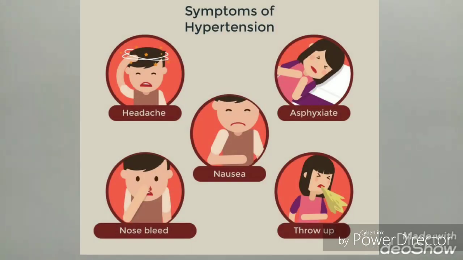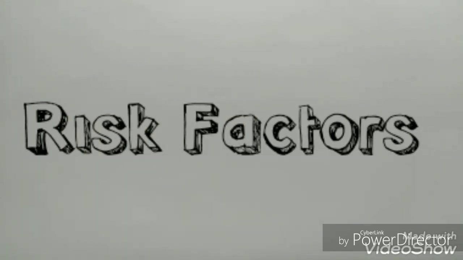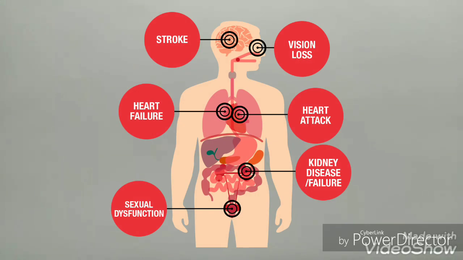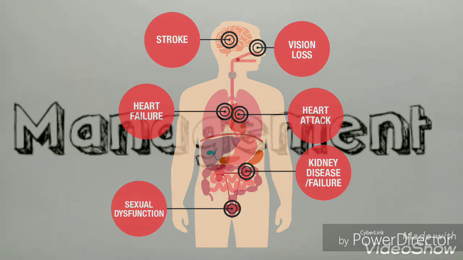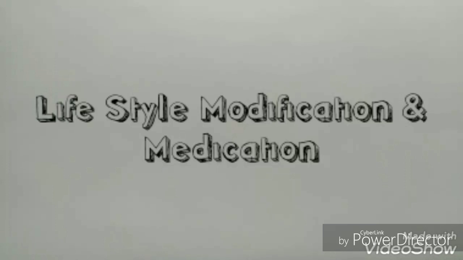Then there are some clinical features and signs and symptoms you can see in the image. There are some risk factors, modifiable and non-modifiable. Then there are complications you can also see in the image. And then there is management. The first one is lifestyle modification, and the second one is medication.